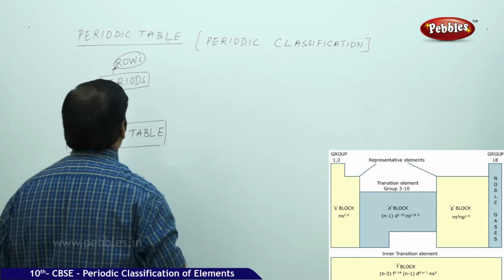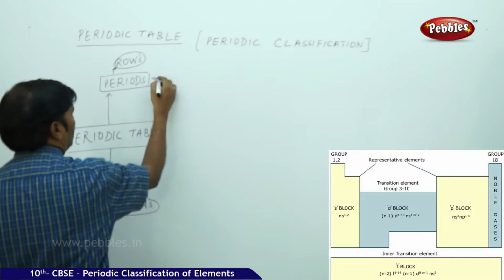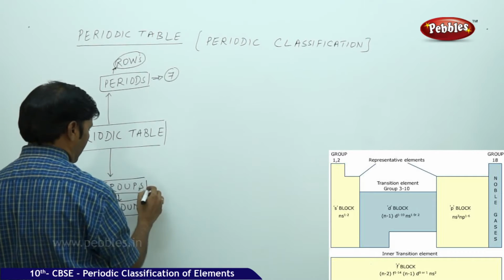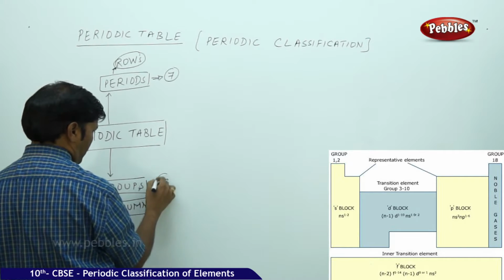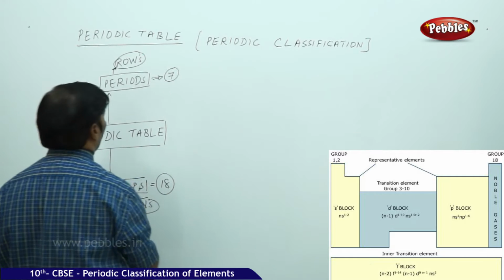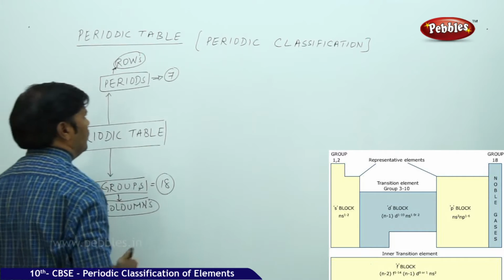Here we have 7 periods and 18 groups: 18 vertical columns, 7 horizontal rows.